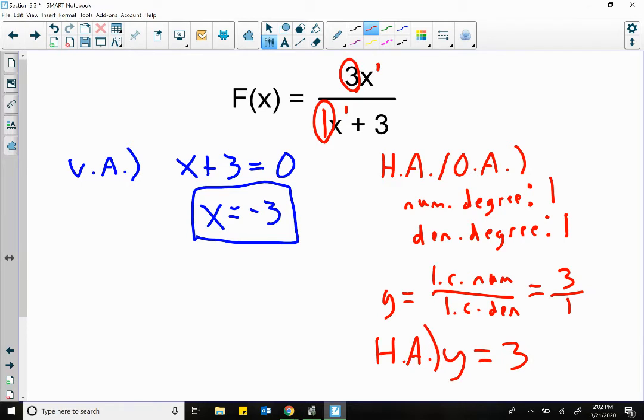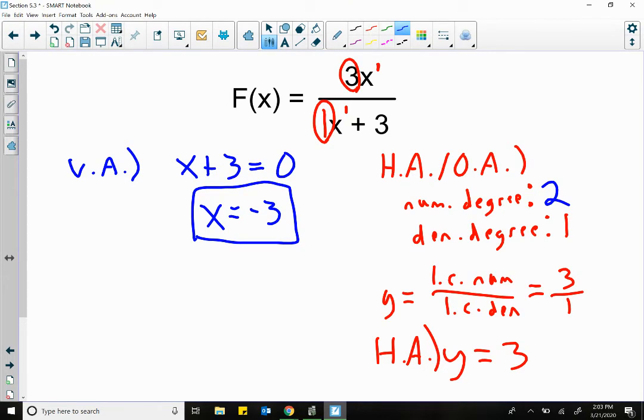Let's talk about the other two cases. Case 3, if you're looking at the notes, says the numerator degree is bigger than the denominator degree by 1. So that would have been something like this, if our numerator degree up here was a 2. See how the numerator 2 is bigger than the denominator 1 by 1. In that case, you would have an oblique asymptote, and you would need to perform long division.